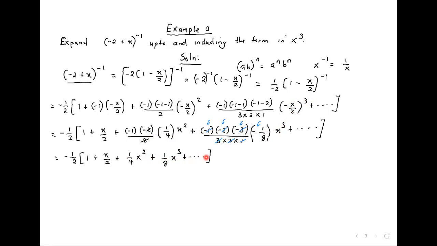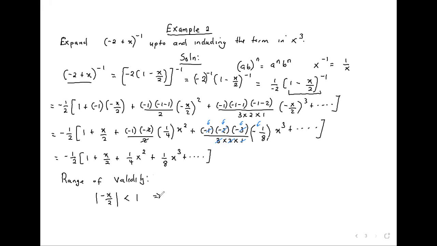So I'm saying in case they ask for the range of validity, you pick this part here and say, okay, the modulus of -x/2 should be less than the a part, which is 1.